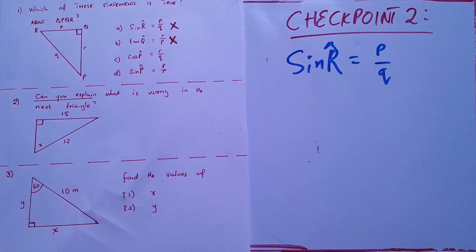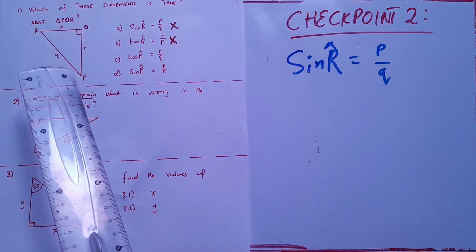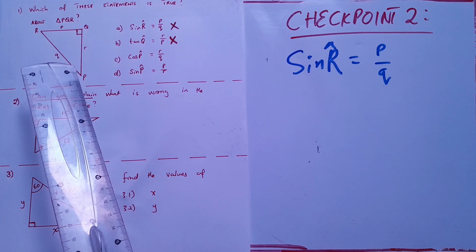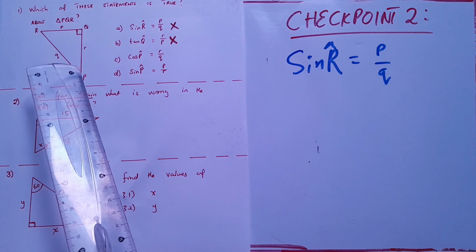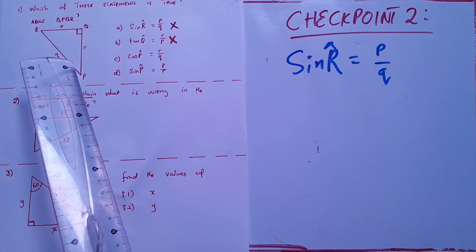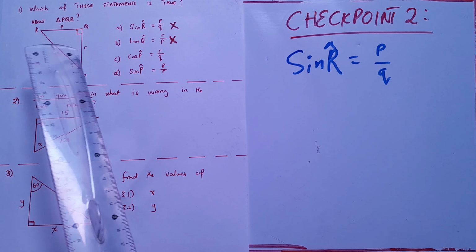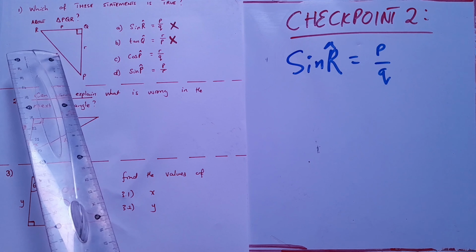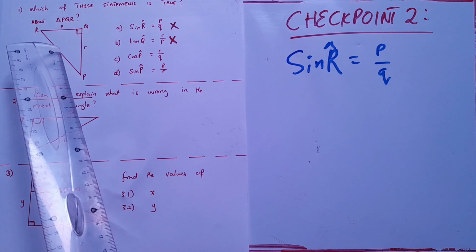Let's look at the following one, which is saying cos of P is equals to R over Q. So what is the value of cos of this angle? Cos is equals to adjacent over hypotenuse. So when we are here, our adjacent is this side, and our hypotenuse is still this side, that is opposite to the 90 degrees there.